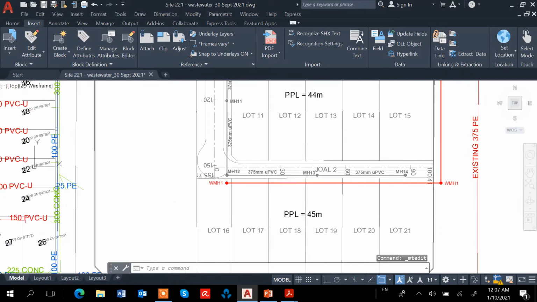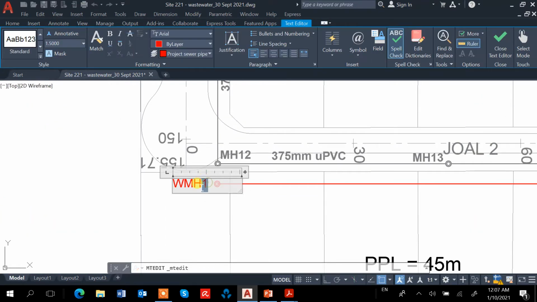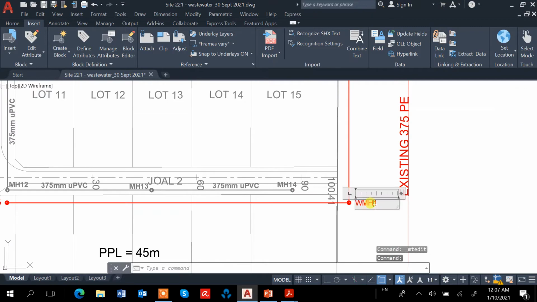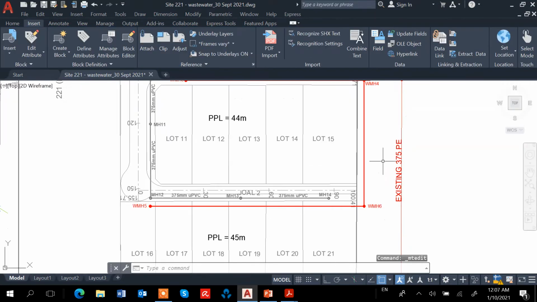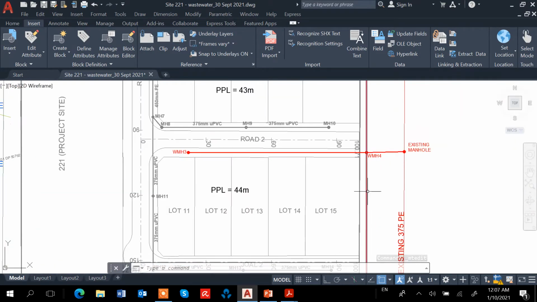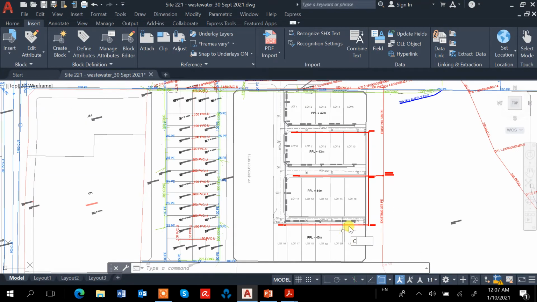And this one will be WMH5, and then WMH6. So 1, 2, 3, 4, 5, 6. I'm going to name them later on.